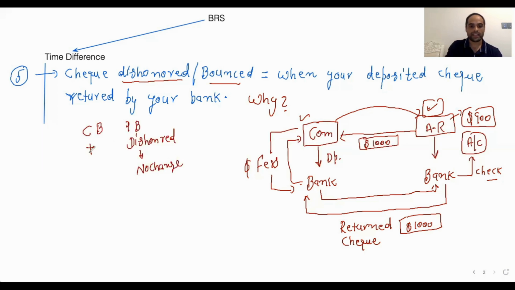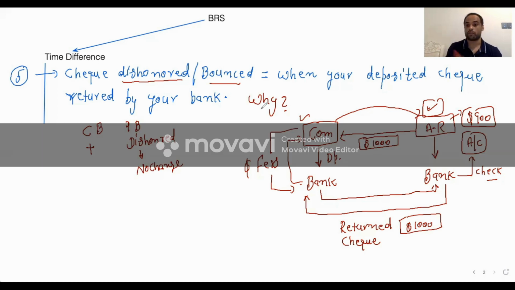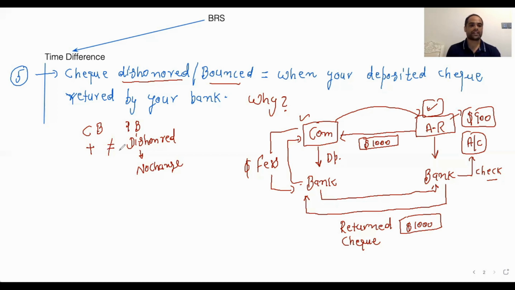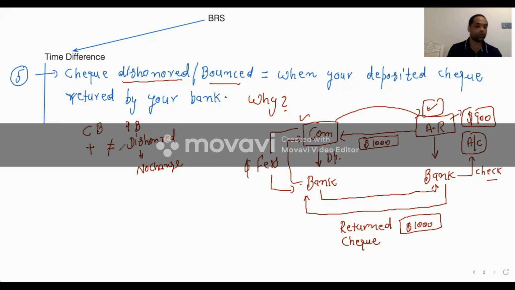You think money is in, but your bank does not receive that money because your account receivable's bank does not transfer it, because they don't have money. Right? As a result, the balance will be unequal. All right. So that was the last time difference we had.